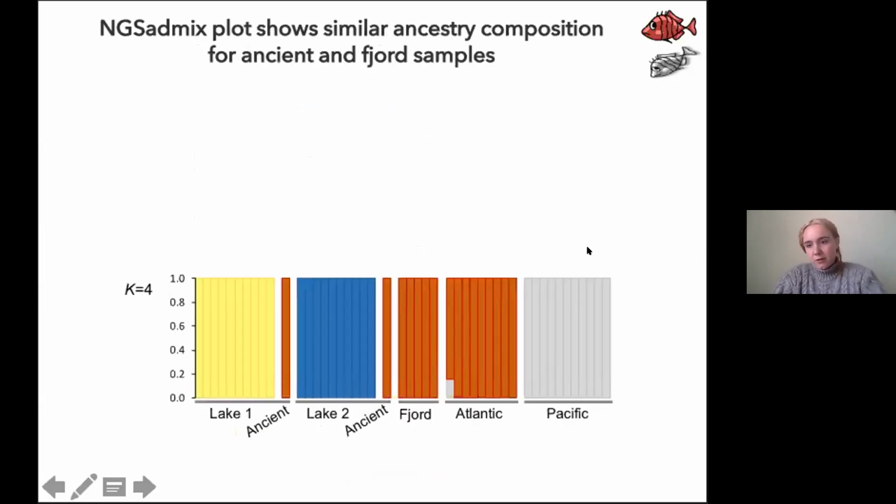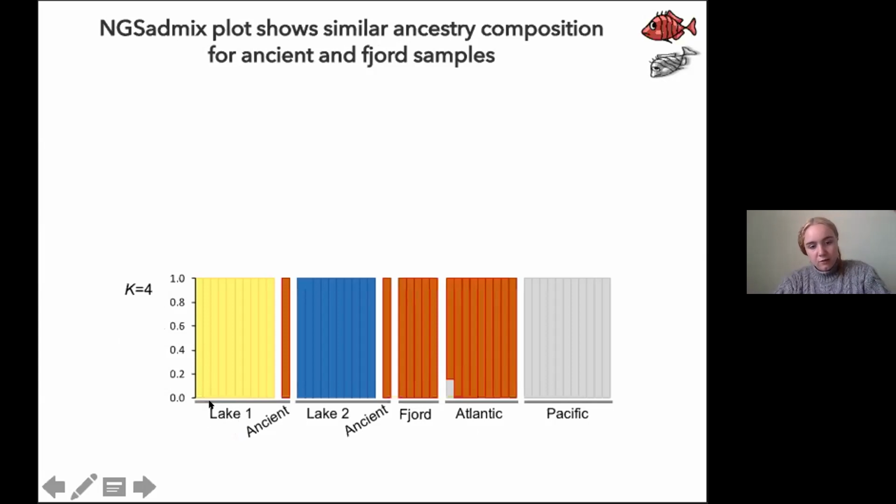The genome of an individual is also a mixture of alleles from different ancestries, and we used the tool NGSadmix to get an idea of the ancestry composition for the local, but also the global stickleback populations. Here we did an analysis based on 4 different ancestries, and each column represents the ancestry composition for one individual.